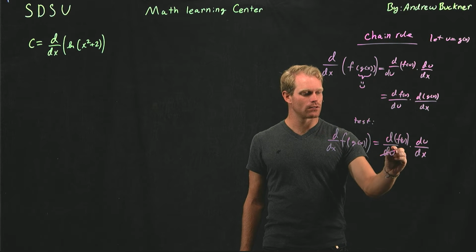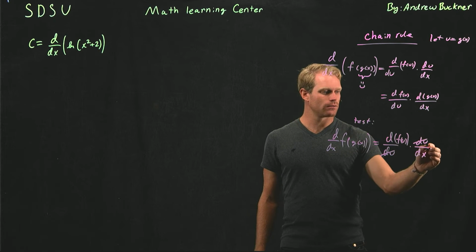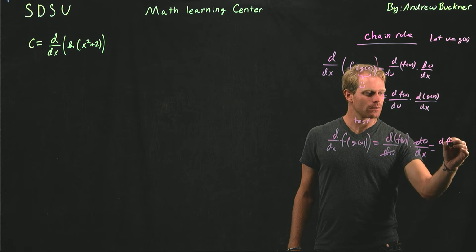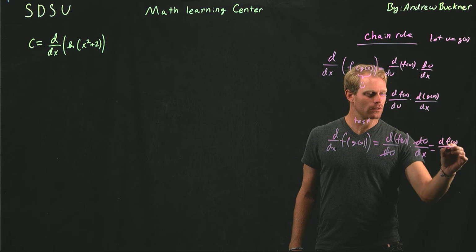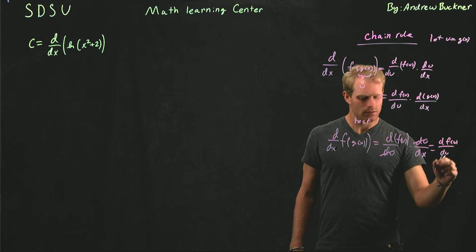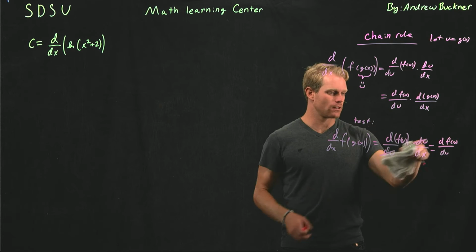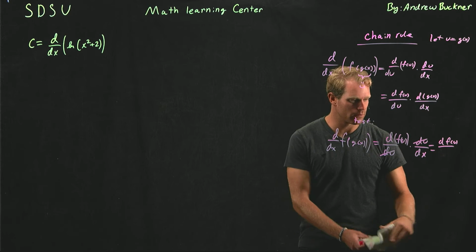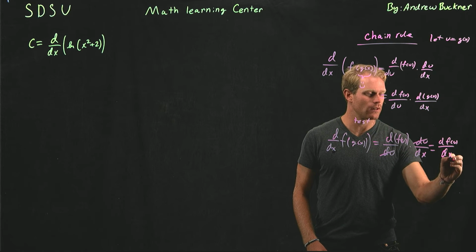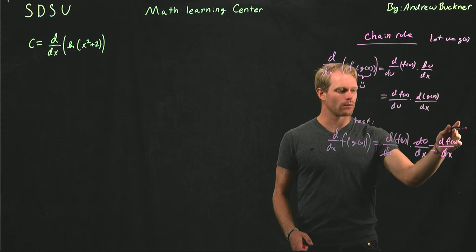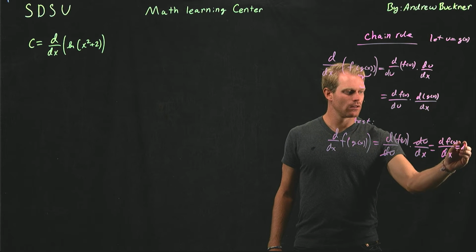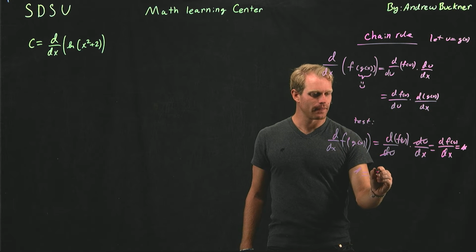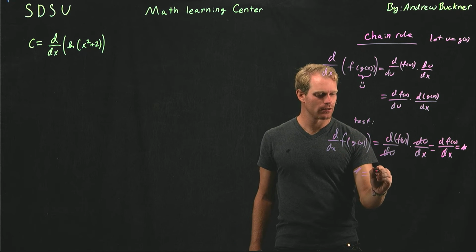What we can do is cancel these out, and then we're left with the derivative with respect to u of f of u. Sorry, because these canceled out and we're multiplying straight across, we get the derivative with respect to x of f of u. And then when we plug back into the equation, we get our original function back.